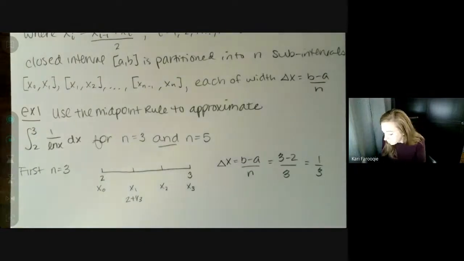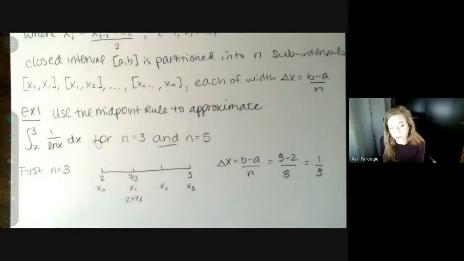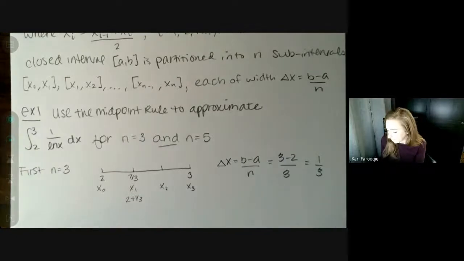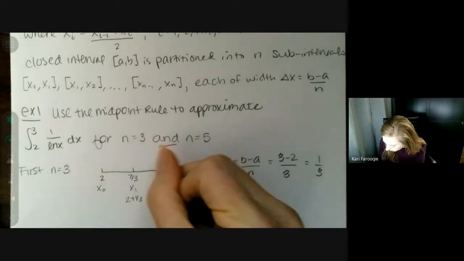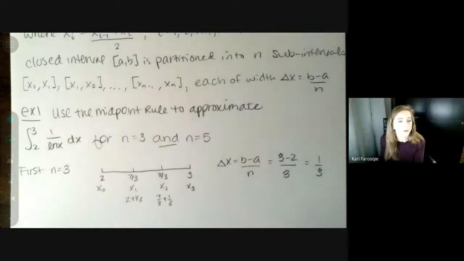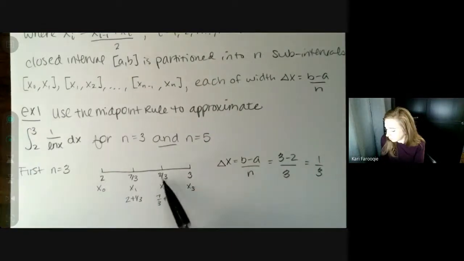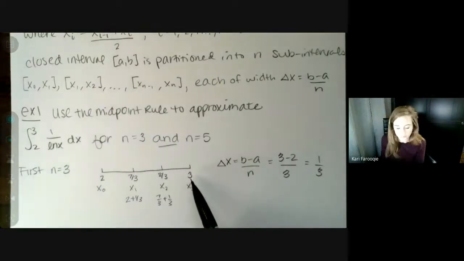So I would just write that as a fraction. 2 and 1/3: 2 times 3 is 6, plus 1 is 7, so you get 7/3. Then add another third, 7/3 plus 1/3 gets you to 8/3. And you can always double check that 8/3 plus 1/3 gets you to 9/3, which simplifies to 3.